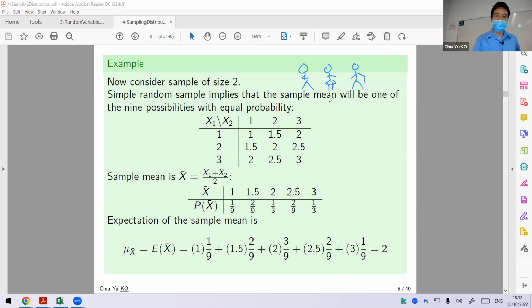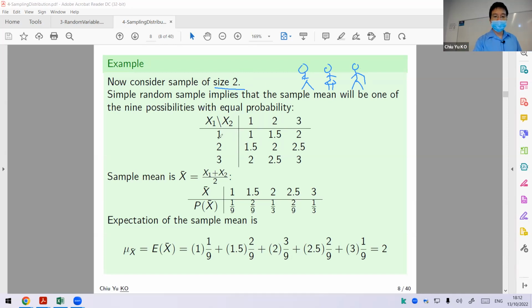We cannot do a sample size of 3. Because we are doing a simple random sample, it means we are sampling with replacement.